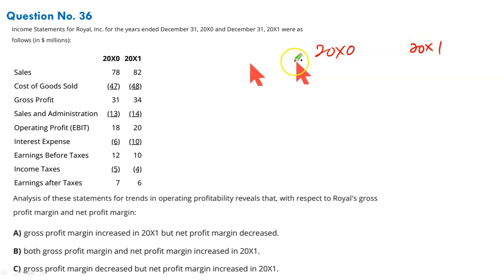We need the gross profit numbers and the net profit numbers for both years. Simple. Gross profit 31 by 78 gives you 39.9%. Then 34 by 82 for the next year is 41.46%. So GP has gone up, as you can see.